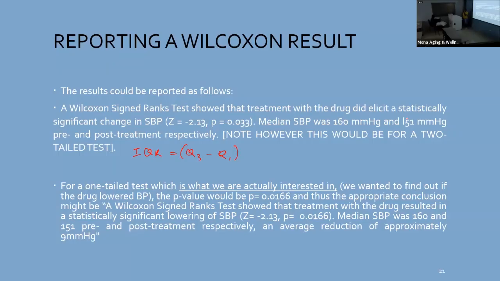Whenever we're reporting a central tendency such as mean or median, we also report a measure of spread. So for example, if we're reporting the mean, we would report something like the standard deviation or the variance. And when you're reporting the median, that's usually accompanied by the IQR. Sometimes people may want to mention the extremes. So in this case, if we're using the median, we can go ahead and determine the IQR. The IQR is given by Q3 minus Q1.